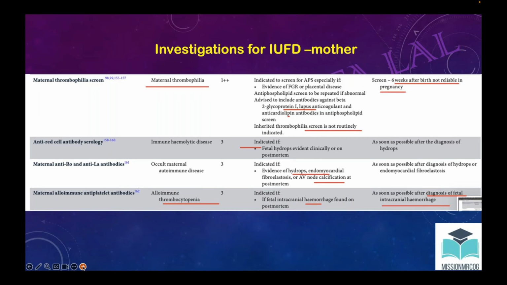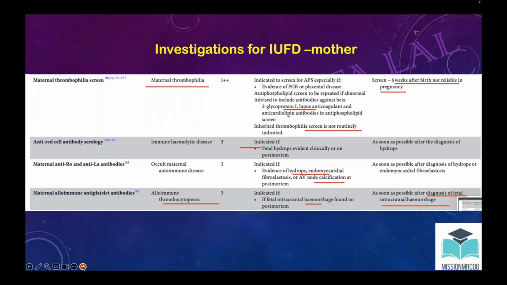Then anti-red cell antibodies, if the baby has hydrops, as there could be a possibility. Apart from this, anti-Ro and anti-La antibodies, if the patient has an autoimmune disease that has not been identified, because these anti-Ro and anti-La antibodies usually affect the heart.